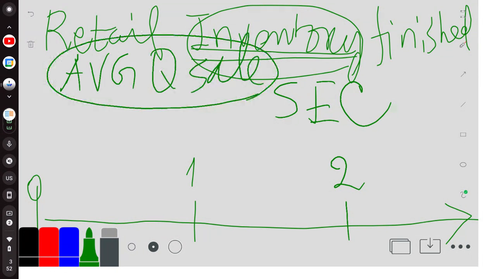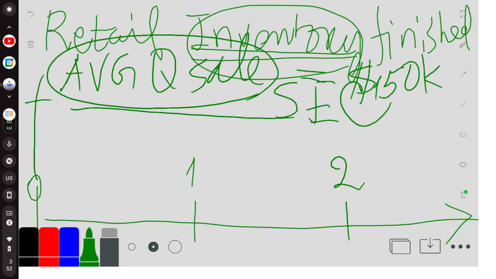If their average quarterly revenue is, let's say, $150,000, then ordinarily, when they start the quarter, they will have to have an inventory of merchandise that would meet this average quarterly sales level.